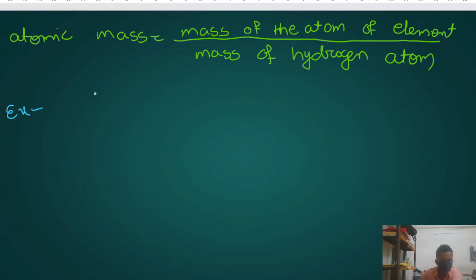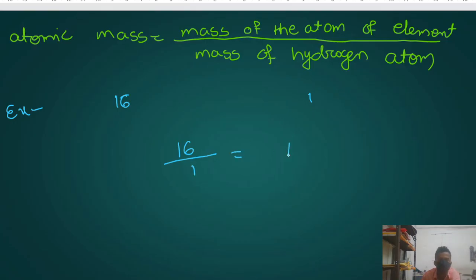The mass of oxygen is 16 and the mass of hydrogen is 1.